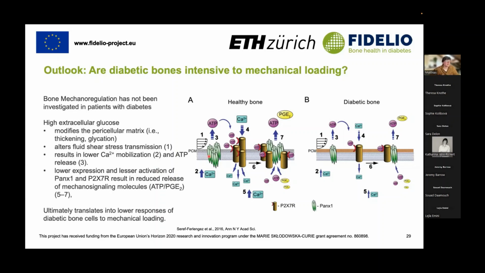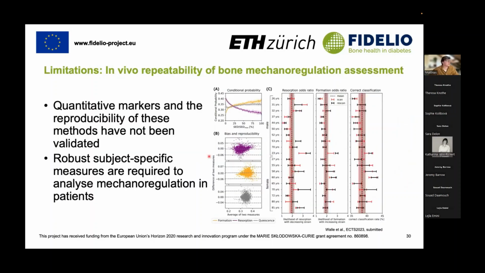This then leads to a lesser activation of these mechanosignaling molecules, and ultimately to a lower response of the diabetic bone cells to mechanical loading. And because of these cellular studies and other indications on the bone microstructure level, we believe that this mechanoregulation analysis would be really interesting in diabetic patients, and this is what we're aiming for in the future.